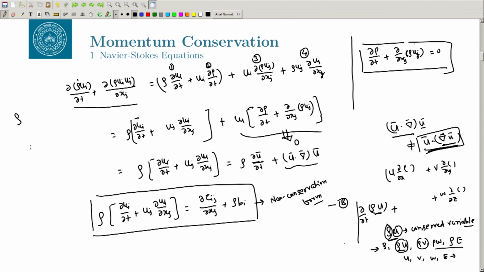So, that is the reason it is called the conservation form, because you have the entire rho u in your del by del t term. Okay. And the non-conservation form also preserves the same property if you are solving it, but your algorithm may become different if you want to solve in the non-conservation form.